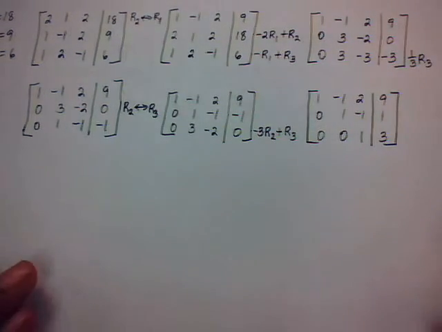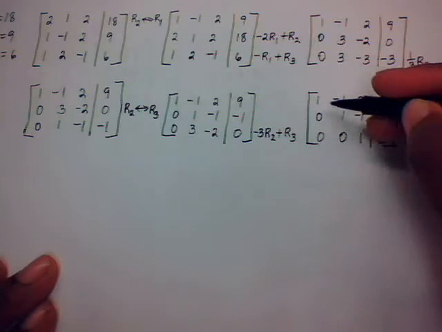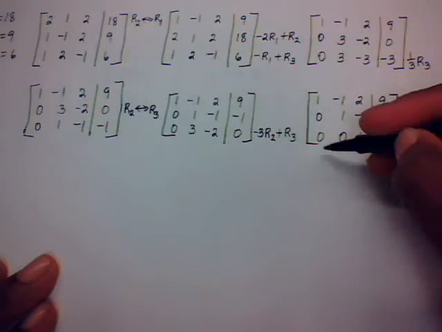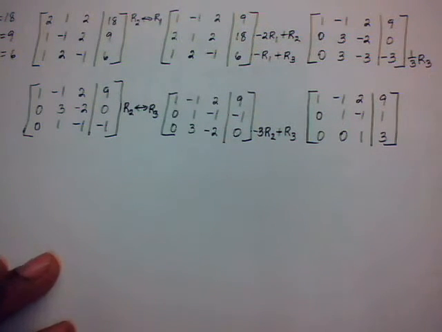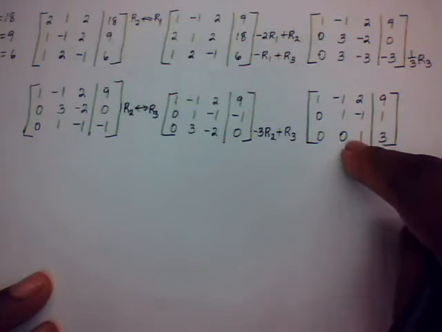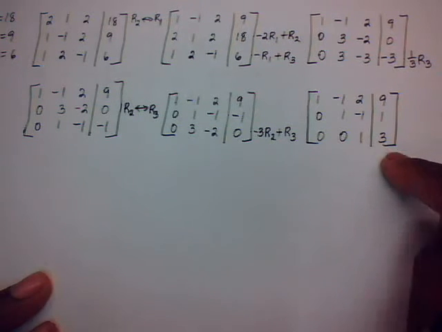Guess what? I'm done. Because now I have 1s along the main diagonal and 0s underneath those 1s. So this particular matrix is now in row echelon form. Okay? Now, let's convert this back into a system of linear equations. So you'll see what this is.